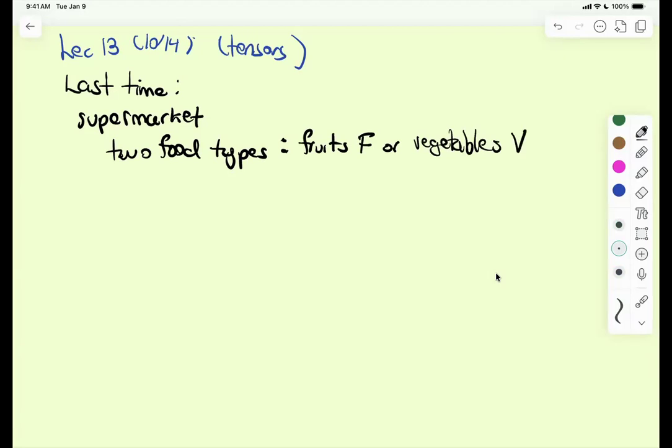And so there were two food types and there were three potential colors for each. The fruits and the vegetables came in three potential colors, which were red, green, and purple.